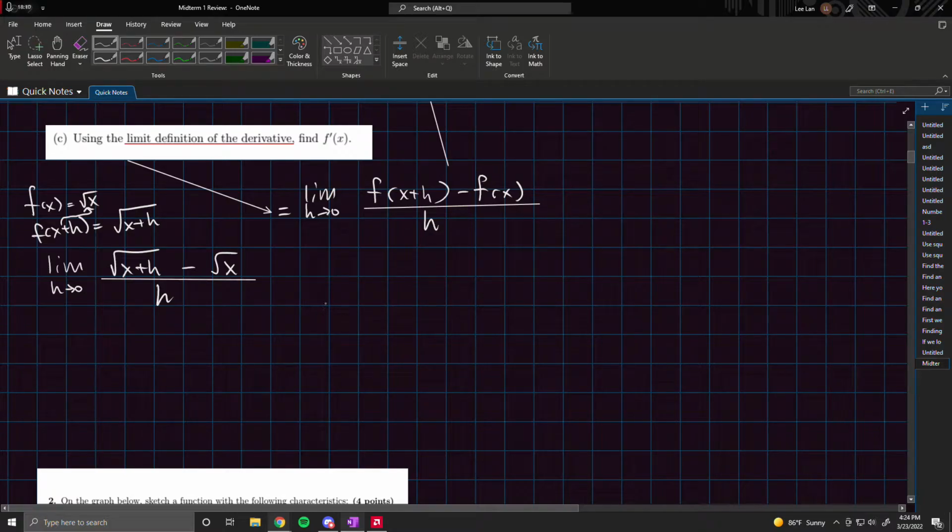Okay, so here's the problem, right? The first thing I always try with limits is to plug in whatever the limit is set to. In this case, h approaches 0. But if I set h to 0, then I get something over 0, and I can't divide by 0.